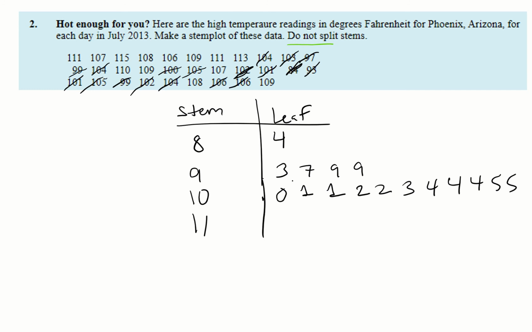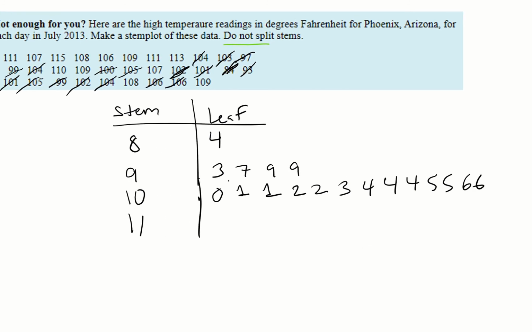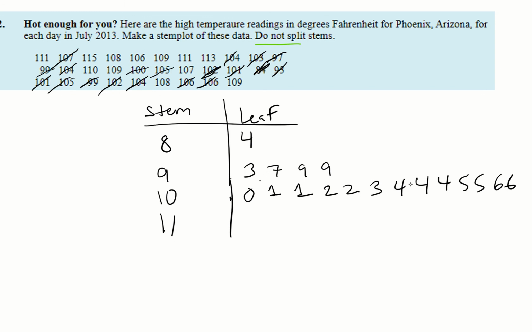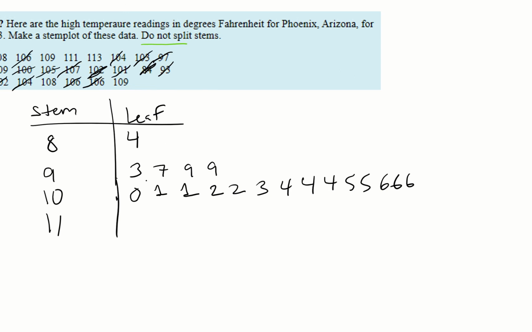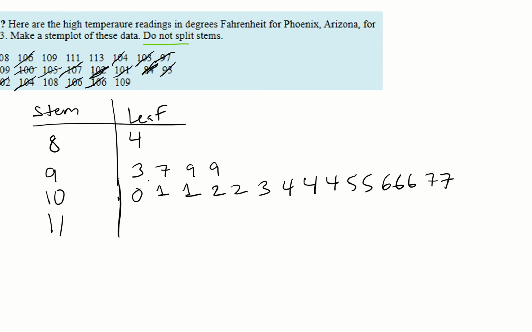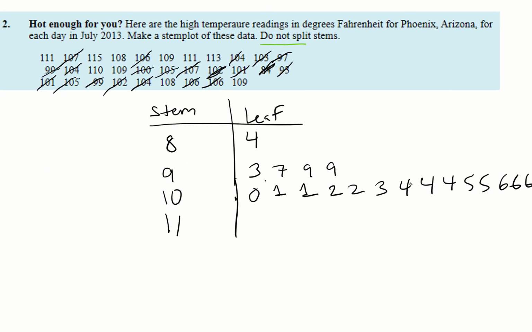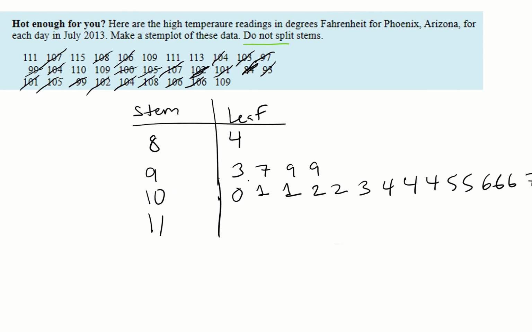106s, two of them. Another one right there: one 107, two 107s. We have a 108, two of them there.